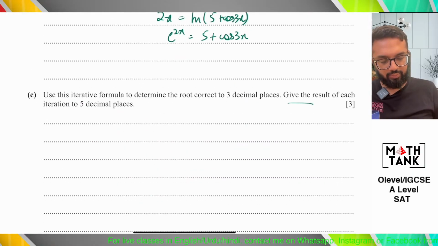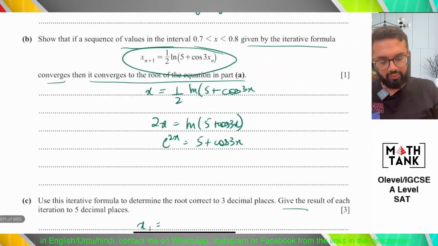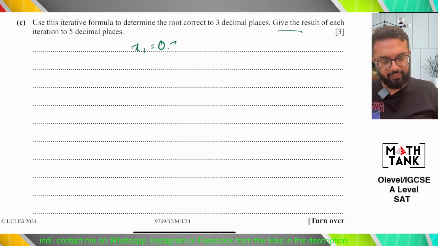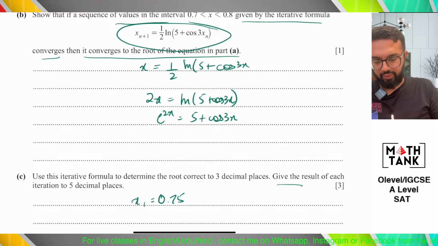So I'm going to use x1 as the interval that I found in part 1, 0.7 and 0.8. So that means I need to use 0.75. Okay, I type 0.75 on my calculator. That gives me 3/4. Then I type in 0.5 ln 5 plus cos 3 times answer.